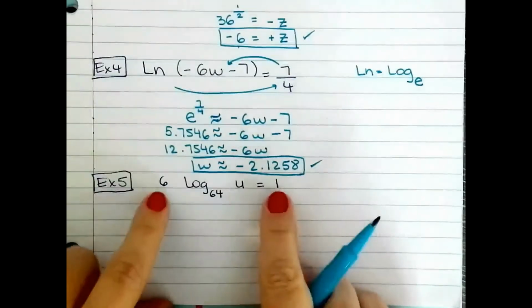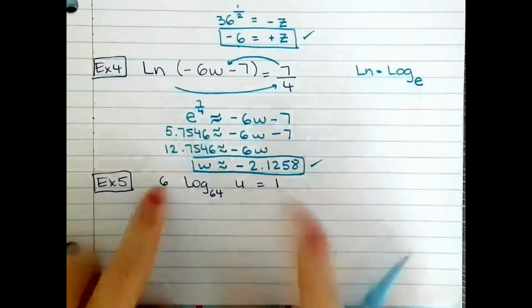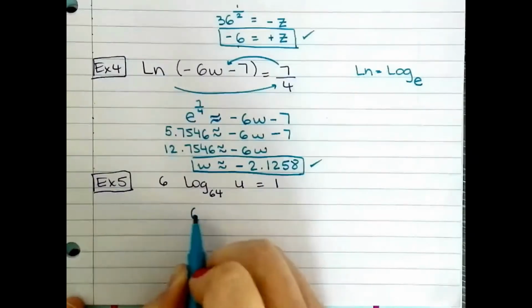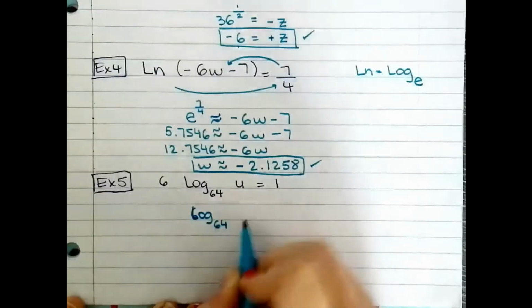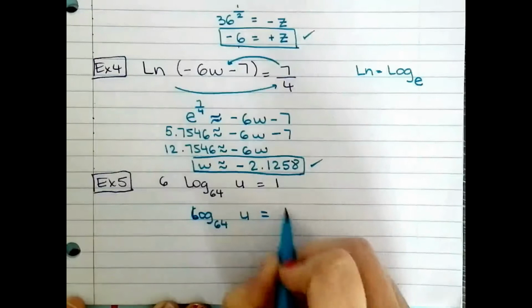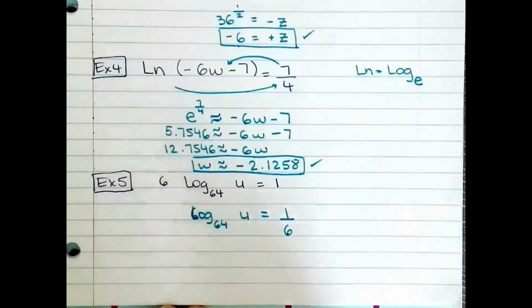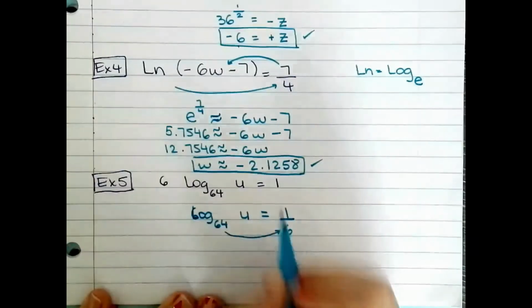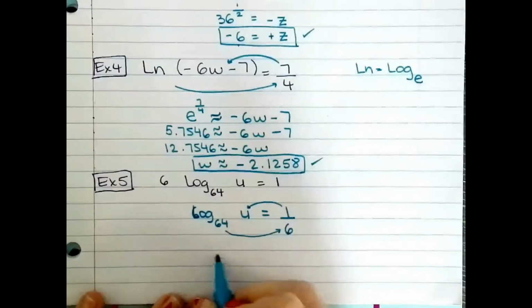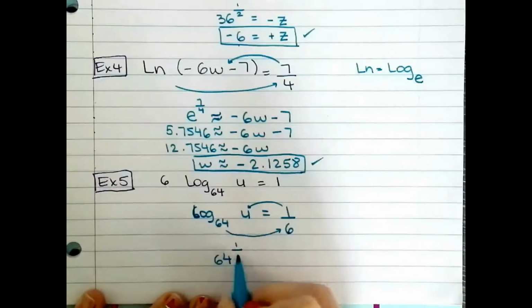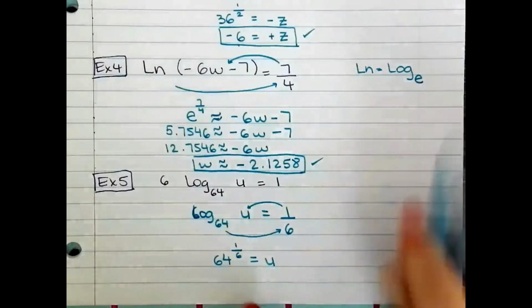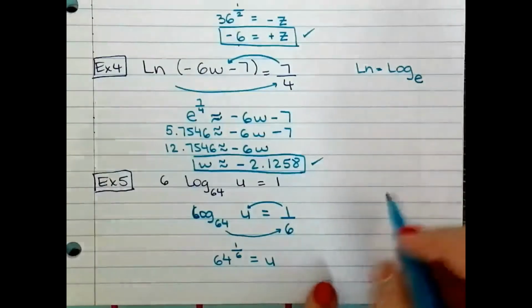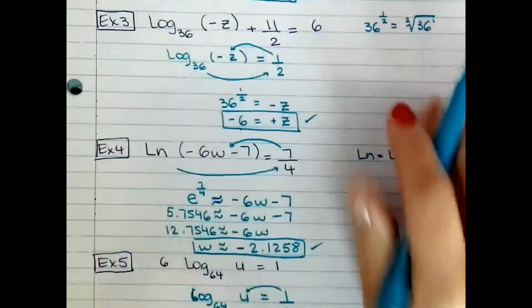Okay. Divide by 6. That gives you log base 64 of u equals 1 over 6. Now we're going to rewrite this in exponential form. So 64 to the power of 1/6 is u, following the example from number 3.